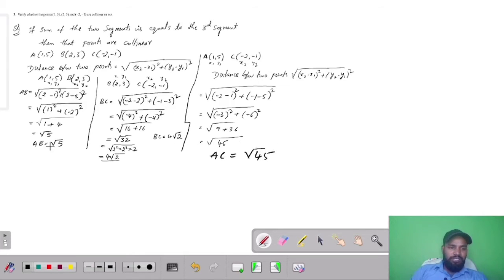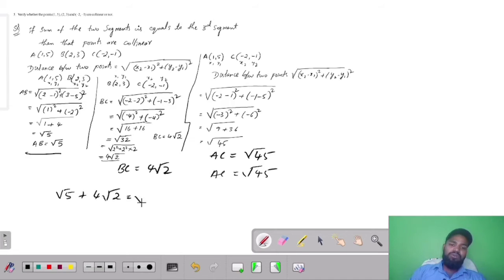Now AB is root 5 and BC is 4 root 2, and AC is root 45. If you do the sum, root 5 plus 4 root 2 is not equal to root 45. So the sum of the two segments is not equal to the third segment. Yes? So we say the given points are not collinear.